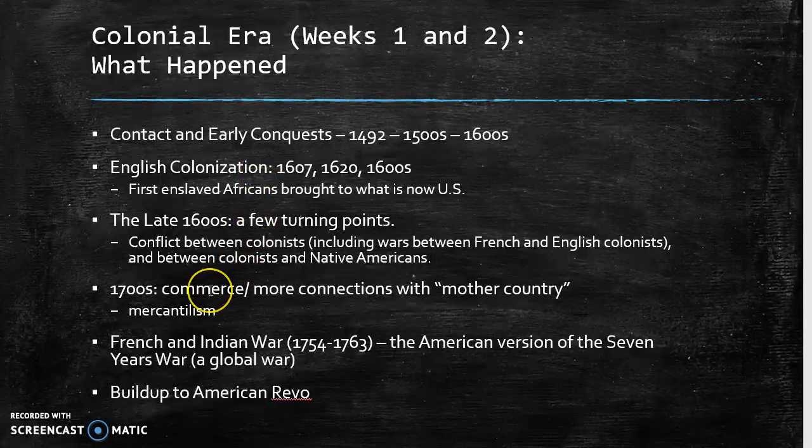I have a few maps to show you. I always say in my classes, if you don't like maps already, I think you have to like them. By the time you are finished with this class, you're going to like maps. So this is our general overview, and I have one map about this first bullet point, going back to contact and early conquests.